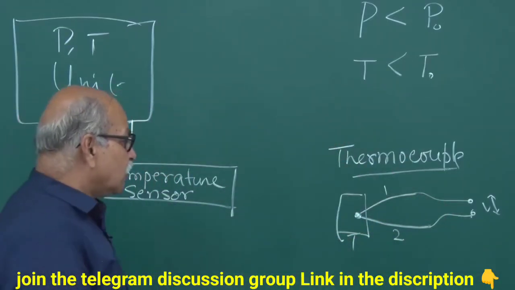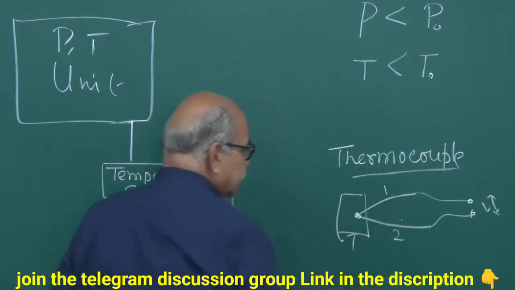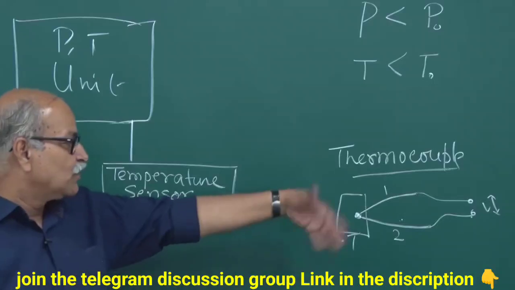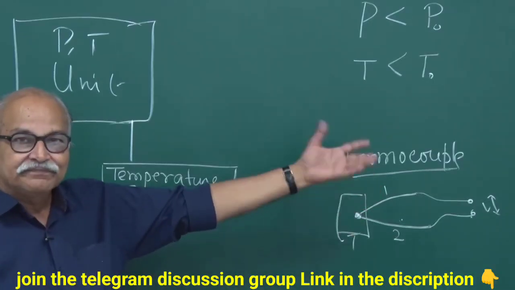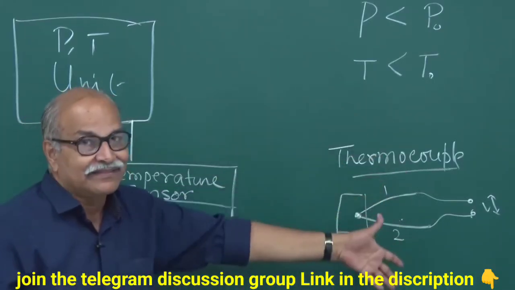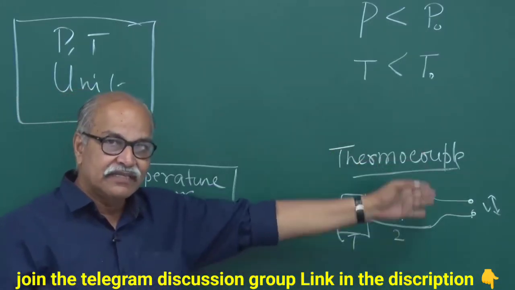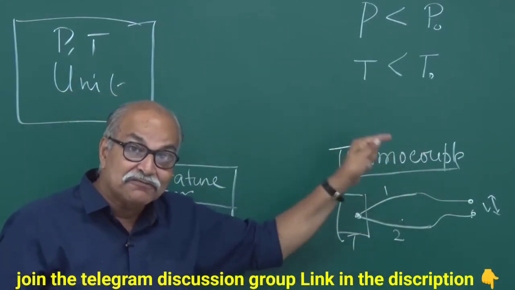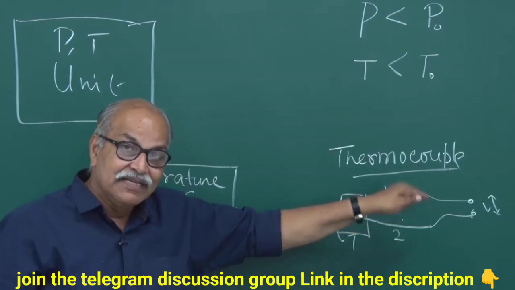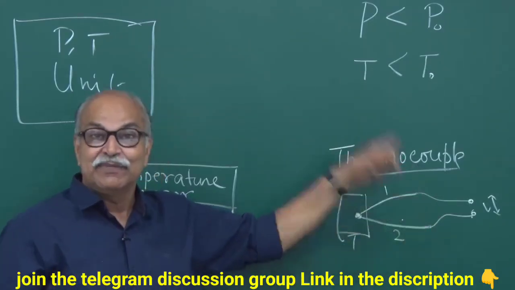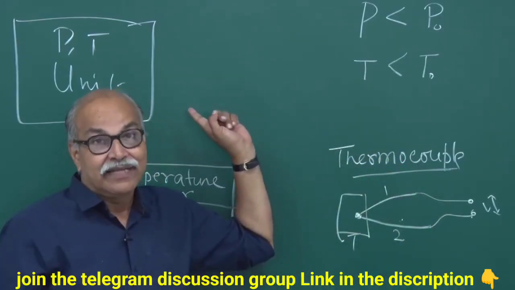So, this is an analog circuit, an analog sensor. It creates a voltage which can continuously vary. The temperature can continuously vary and the voltage can continuously vary, and each value of this voltage is significant. Each value of this voltage tells me the temperature at that instant.